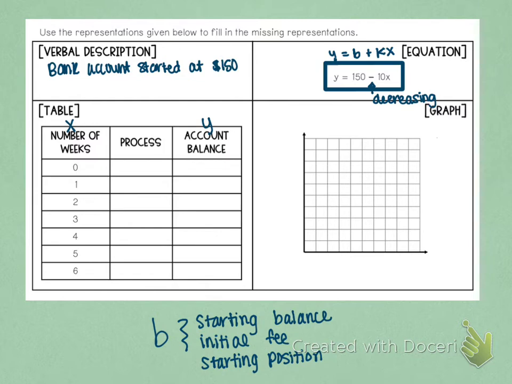And what's happening every week? It's going down and is decreasing by how much? $10 per week.